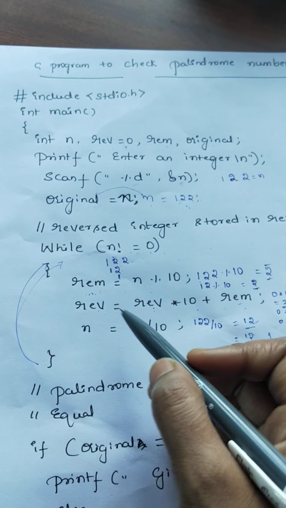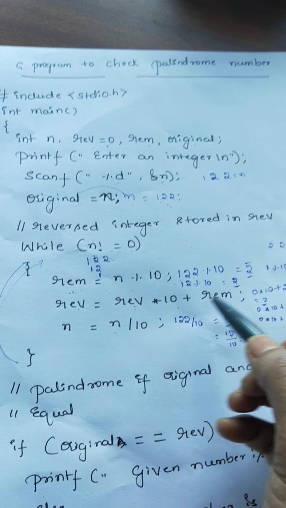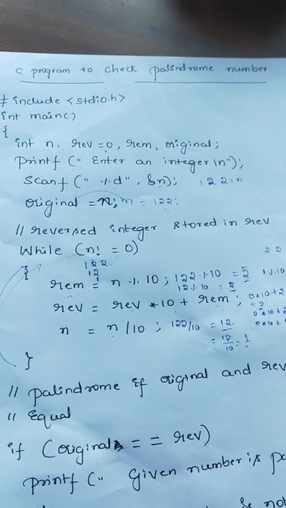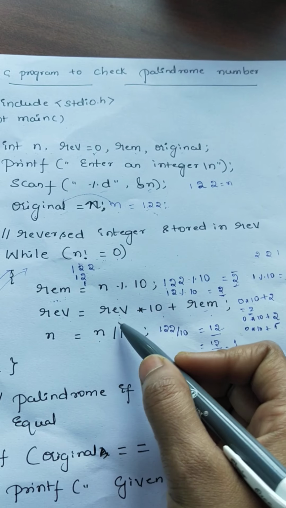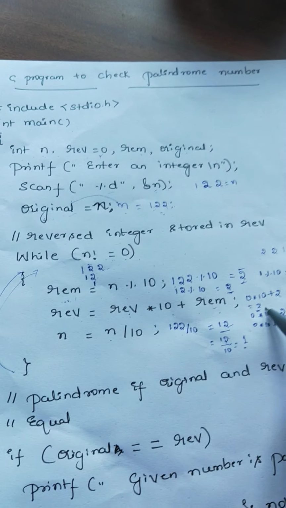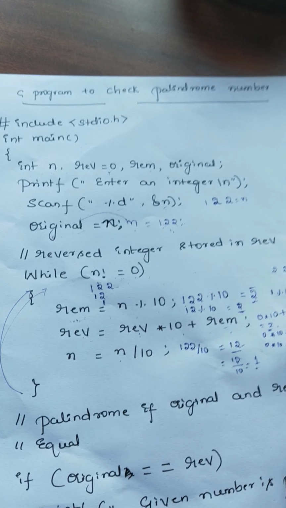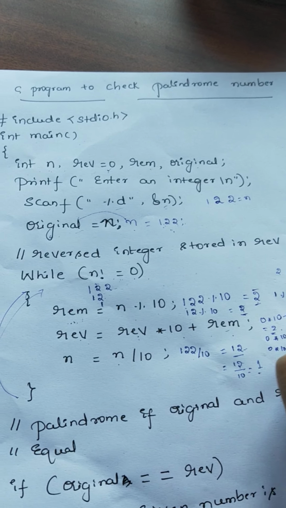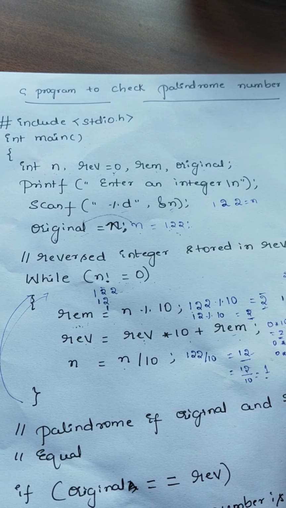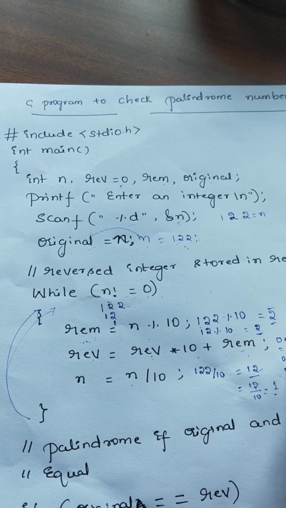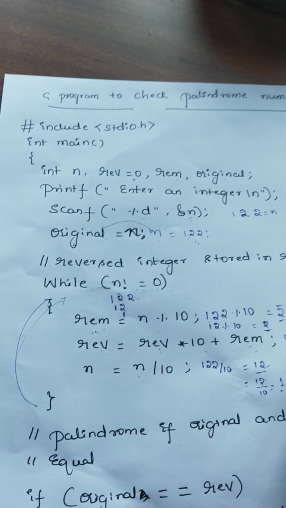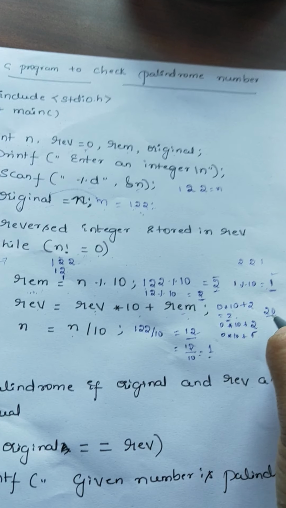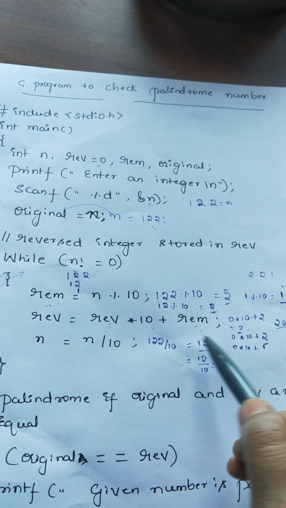And then reverse is equal to reverse star 10 plus remainder. So the previous reverse value we got is 2. 2 star 10, that is we got 20. In the next step, 20 plus remainder.